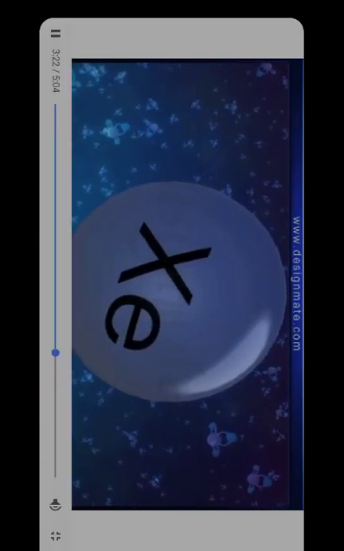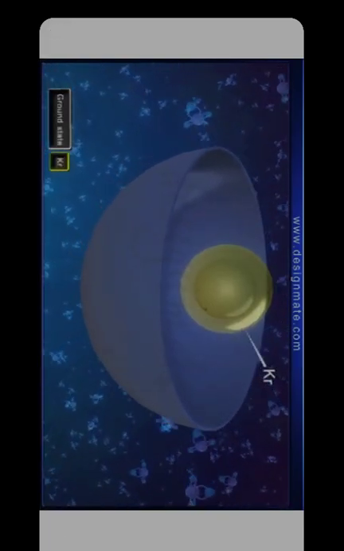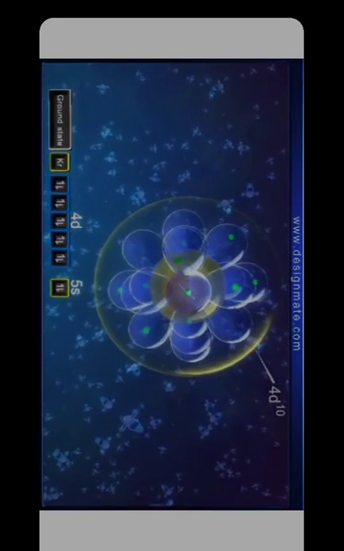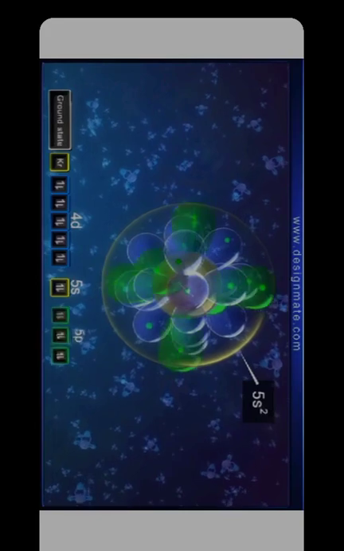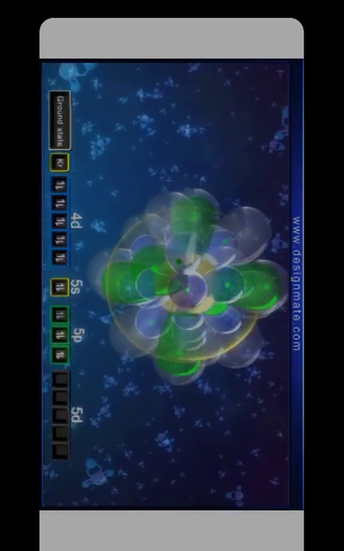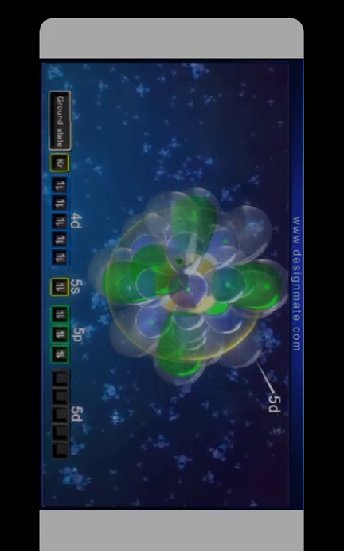Recall here the ground state electronic configuration of xenon is krypton 4d10, 5s2, 5p6. Note here that there are no electrons in the 5d orbitals of xenon.